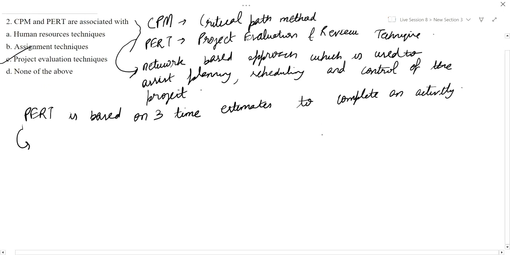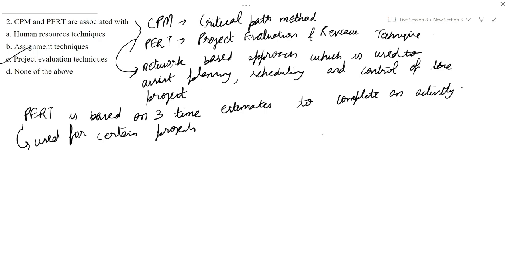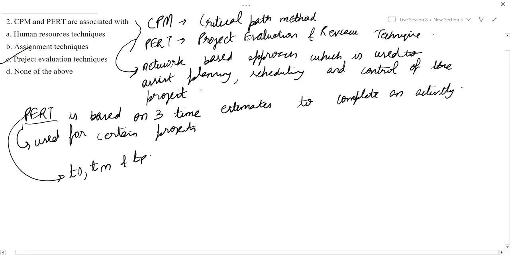This is used for certain projects. These three time estimates are T0, TM and TP.